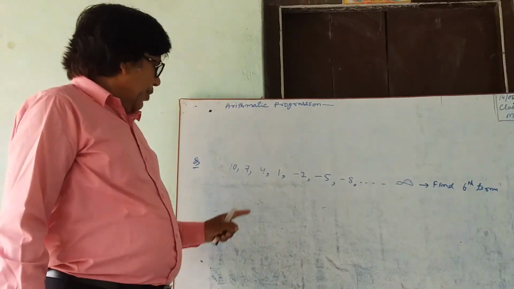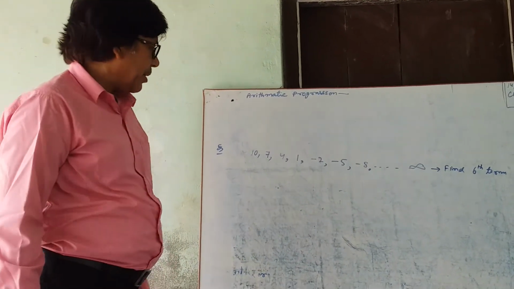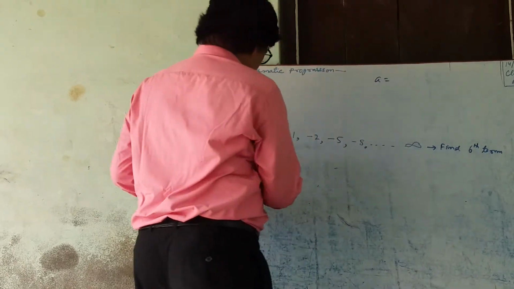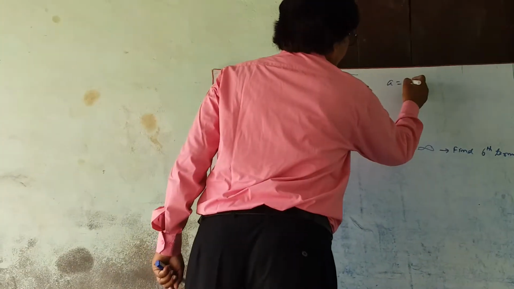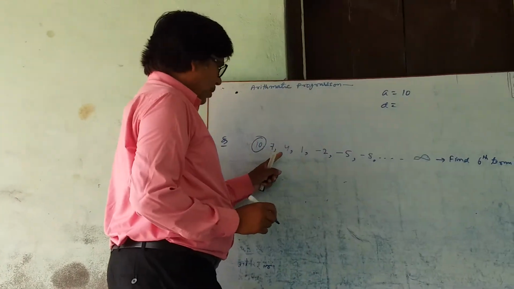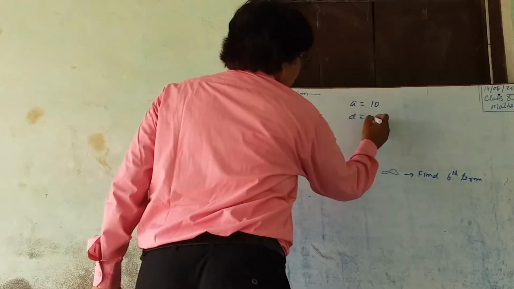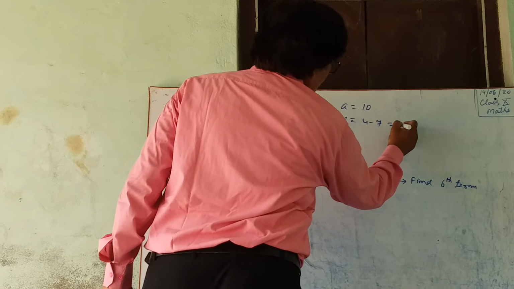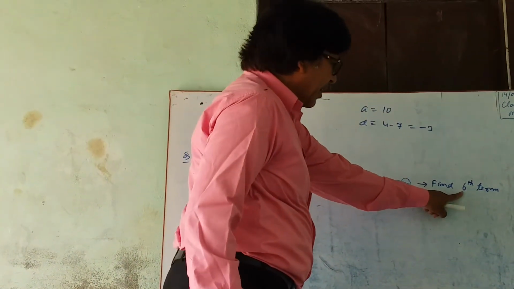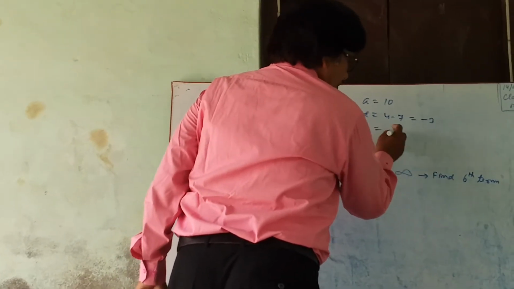Therefore, it is an arithmetic progression. Here, first term A equal to 10. Common difference D is equal to 4 minus 7, which is minus 3. And we have to find the 6th term, therefore n is equal to 6.